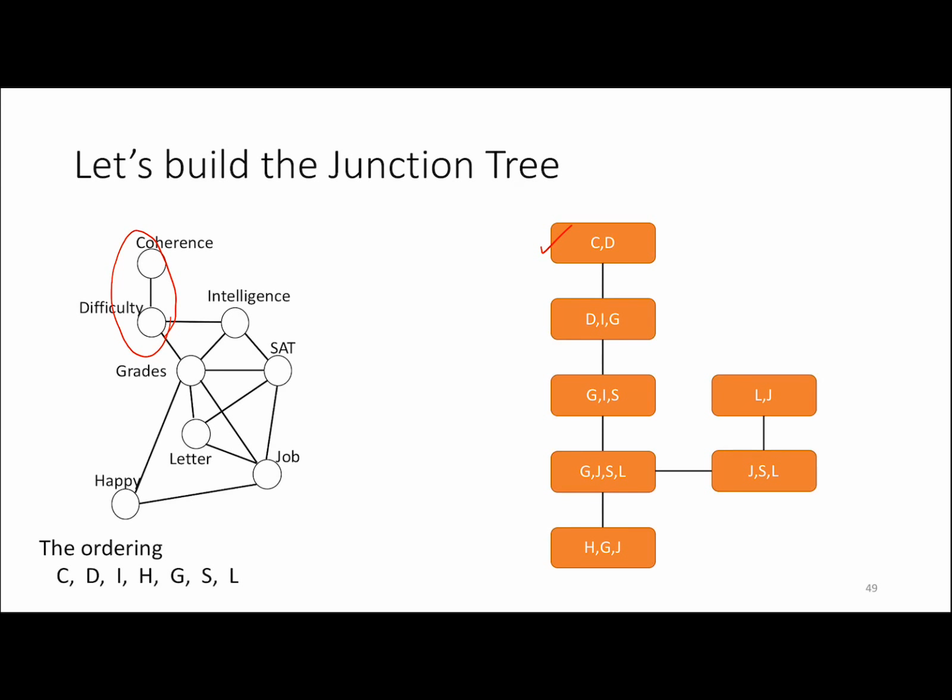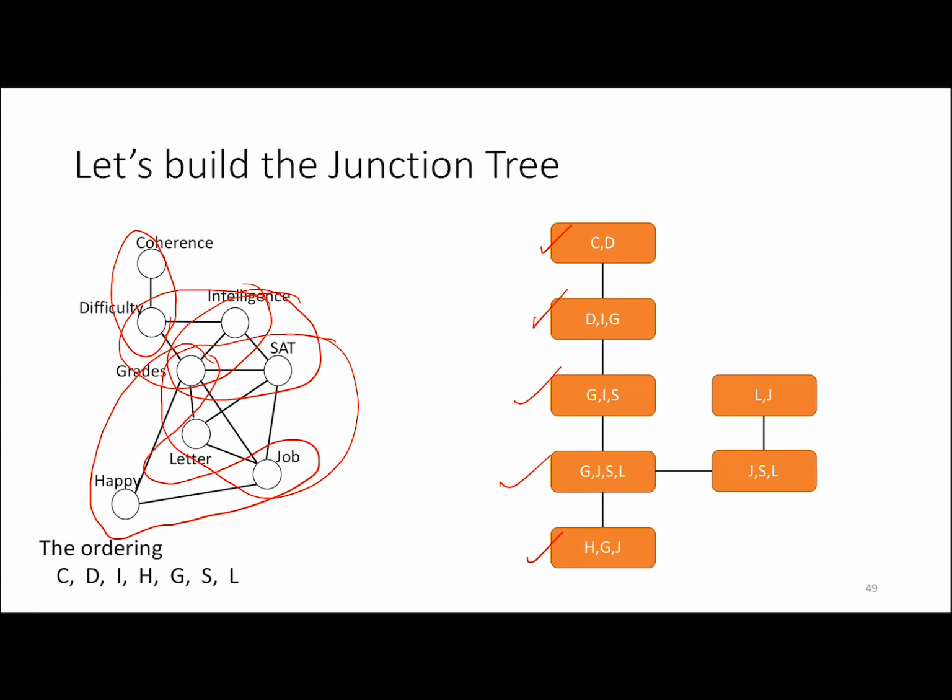And then we remove D, which has this clique, which is D, I, and G. And then we remove I, which was this guy, so I, G, and S. And then we remove H, which was this, which is H, G, and J, and then we remove S, which is this guy, and then we continue.